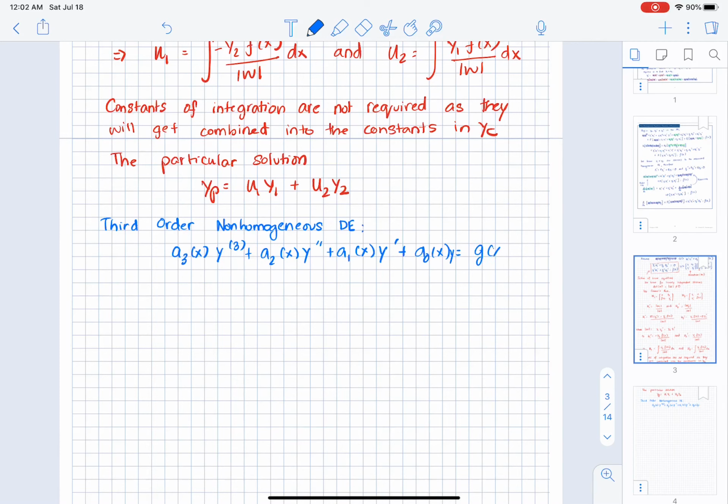And we do require the constraint that we divide a3 out.